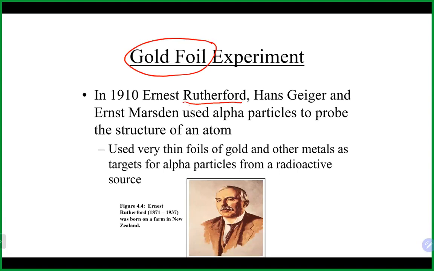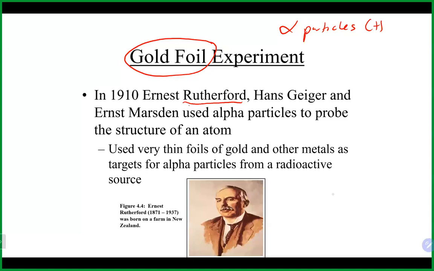He used pieces of gold foil and other metals, and shot alpha particles at them. As I mentioned, these alpha particles are radioactive, positively charged particles. They're really helium nuclei. He shot these alpha particles at pieces of gold foil.